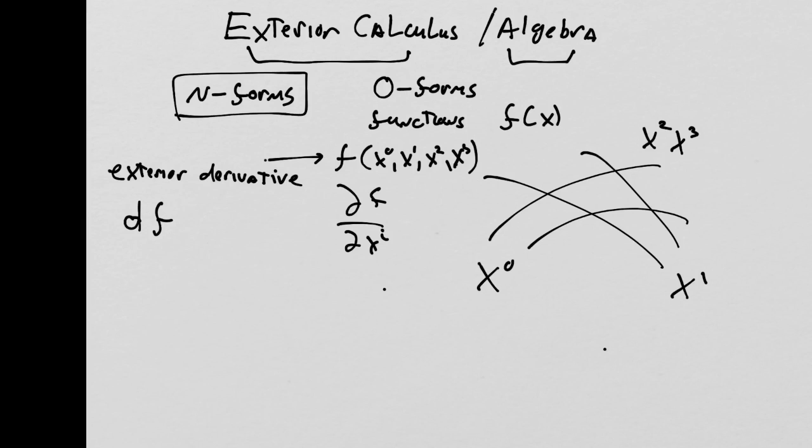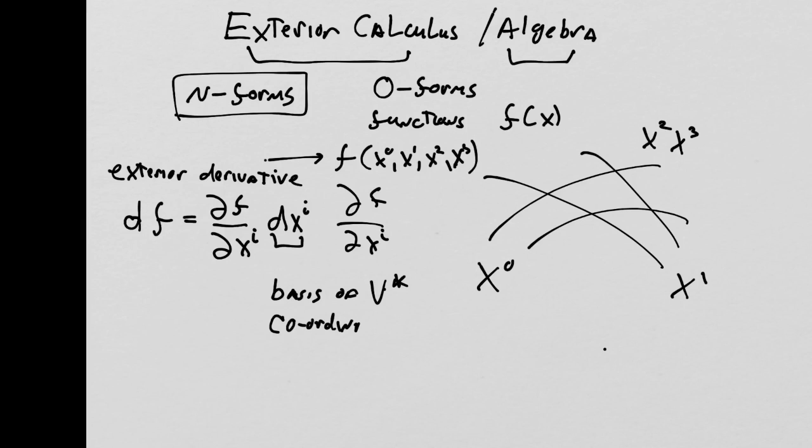The exterior derivative of a zero form is going to be given by the partial derivative of f with respect to x^i times dx^i, where this is the basis of V star, which of course is just the basis of covectors, and of course it's all in the coordinate basis, just as we've talked about before.